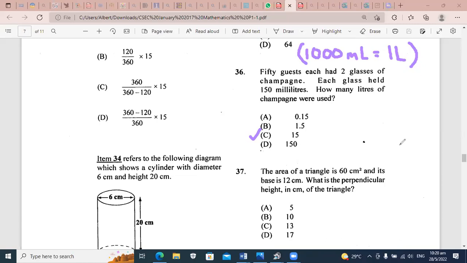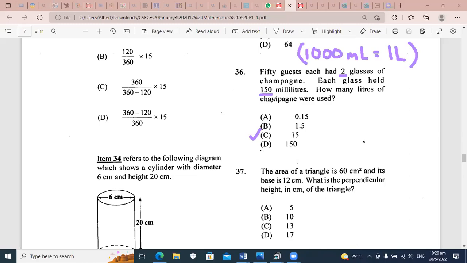All right. So 50 guests are at a party. Each had 2 glasses of champagne. And each glass is 150.